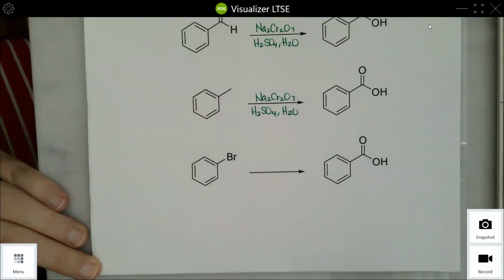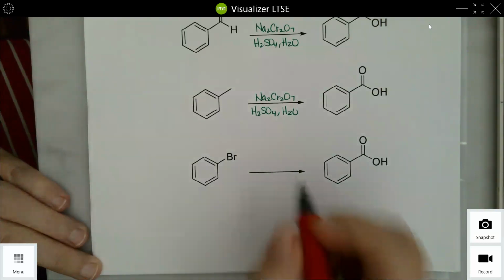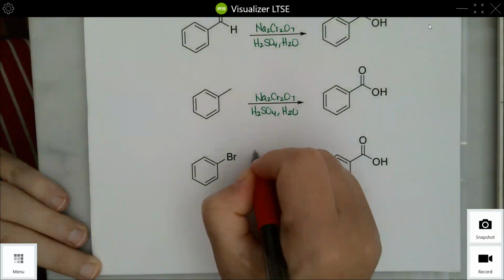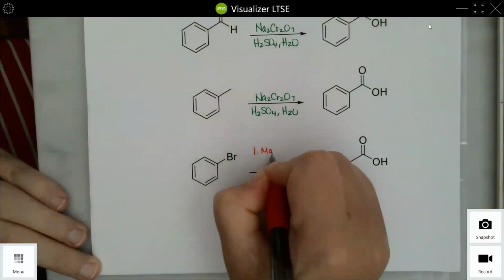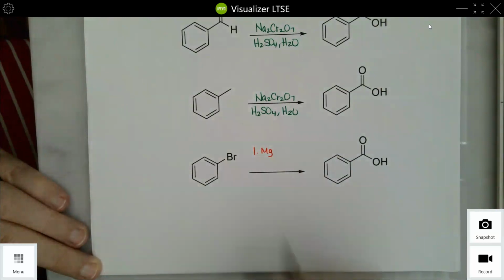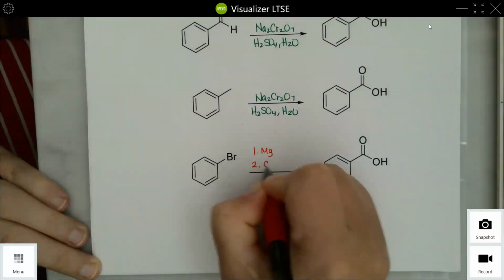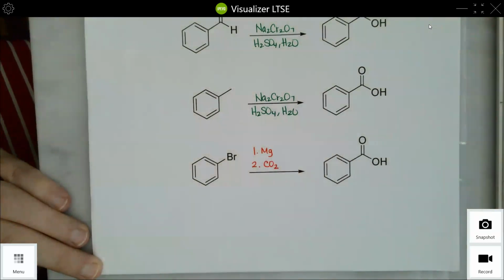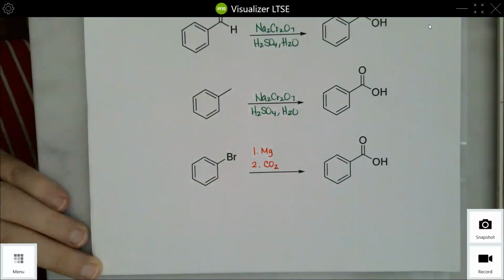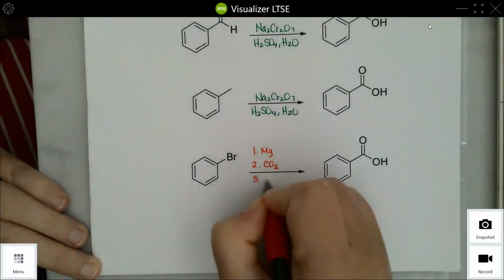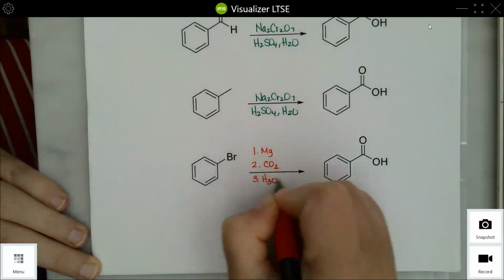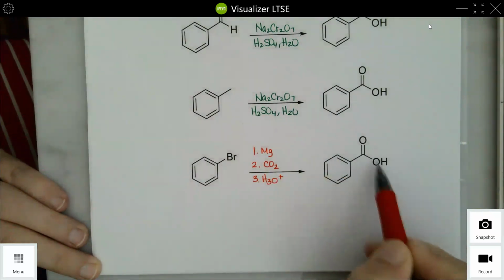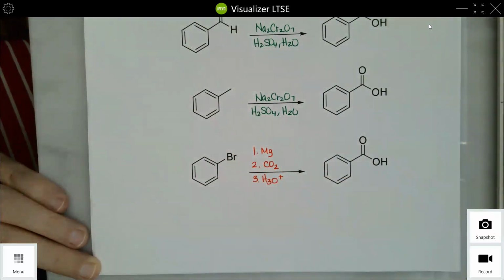We cannot use sodium cyanide. So we're going to start with magnesium to form the Grignard reagent. We'll add in some dry ice, which is solid CO2. That will form the carboxylate, and then after an acidic workup, we will have the fully protonated carboxylic acid.